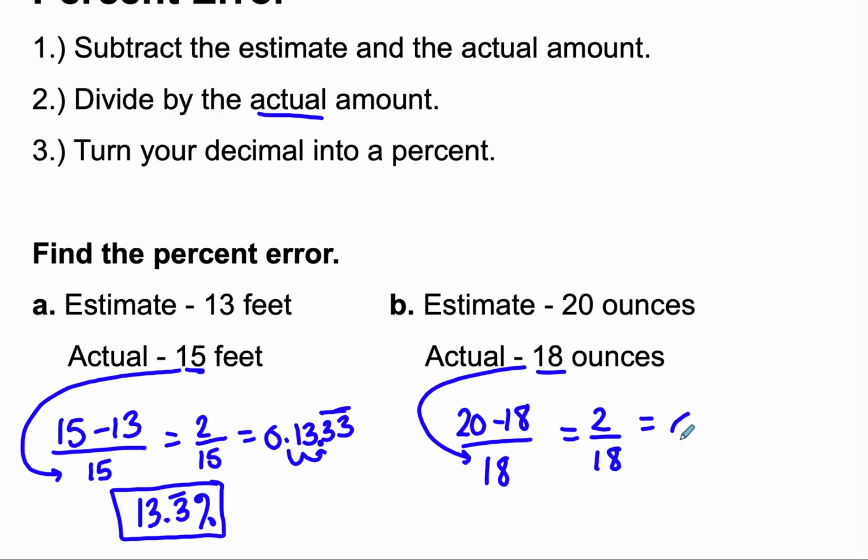Divided by 18. And I get 0.1 repeating. I'm going to move that decimal 2 places over. It didn't say to round, so I'm going to leave it as a repeating decimal. 11.1 repeating percent.